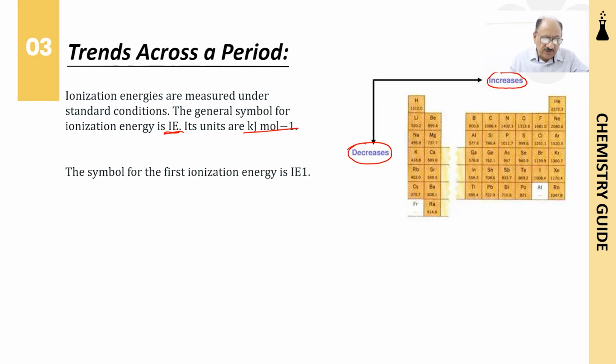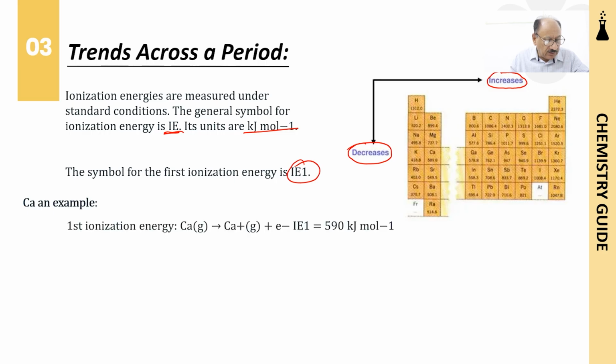The symbol for first ionization energy is IE1, so ionization energy 1. We can take calcium as an example. For first ionization, we remove one electron from gaseous calcium, so this much energy will be required, and this is how we represent the electron, with a minus sign.